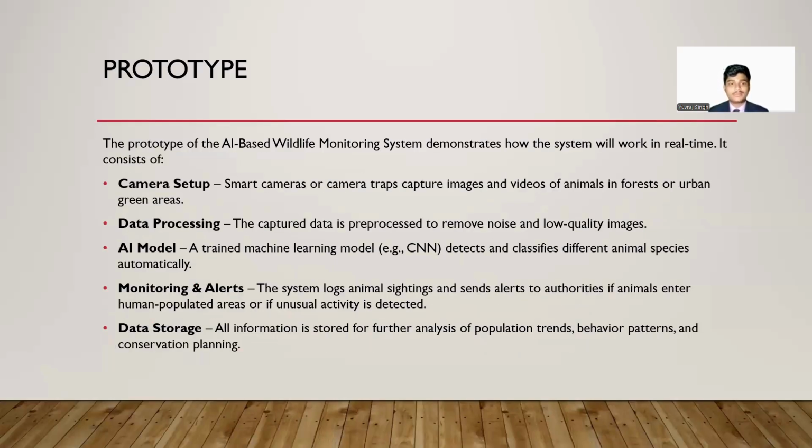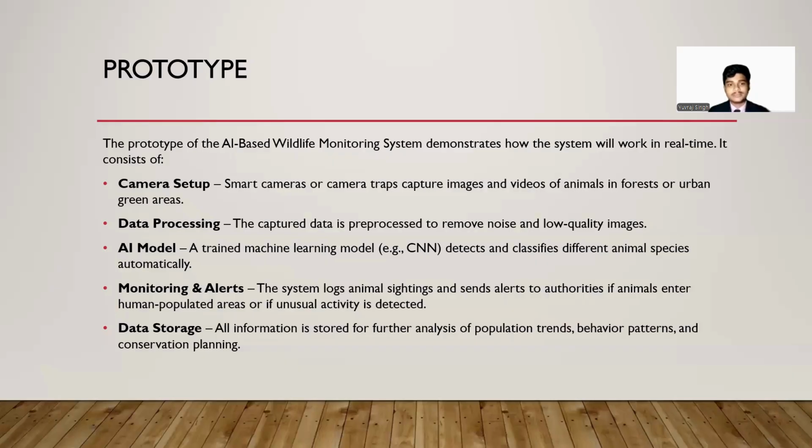Prototype. The prototype of the AI-based wildlife monitoring system demonstrated how the system will work in real time. It consists of camera setup. Smart cameras or camera traps capture images and video of animals in forest or urban green areas. Data processing. The captured data is processed to remove noise and low quality images. AI model.